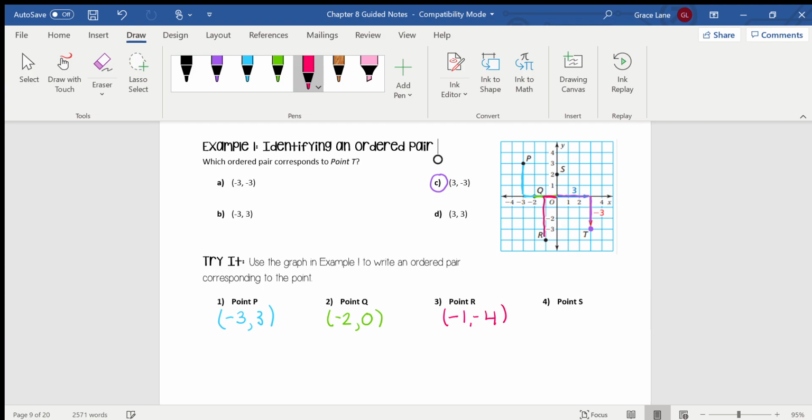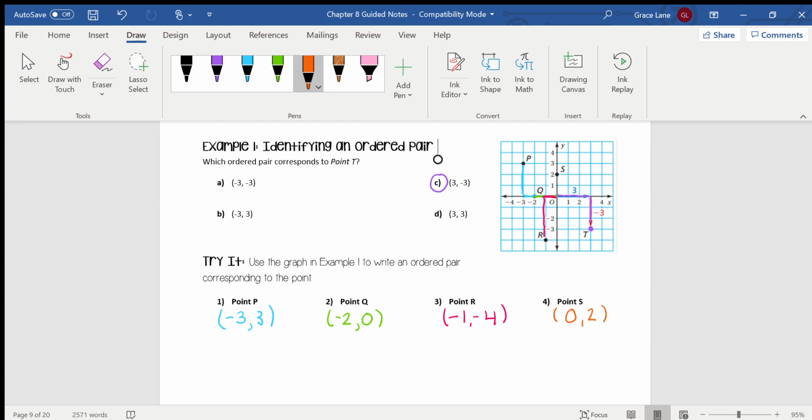And the last one, point S. We did not go over at all. We stayed at the origin, which is 0. And we went up 2 spots. So that is identifying an ordered pair.